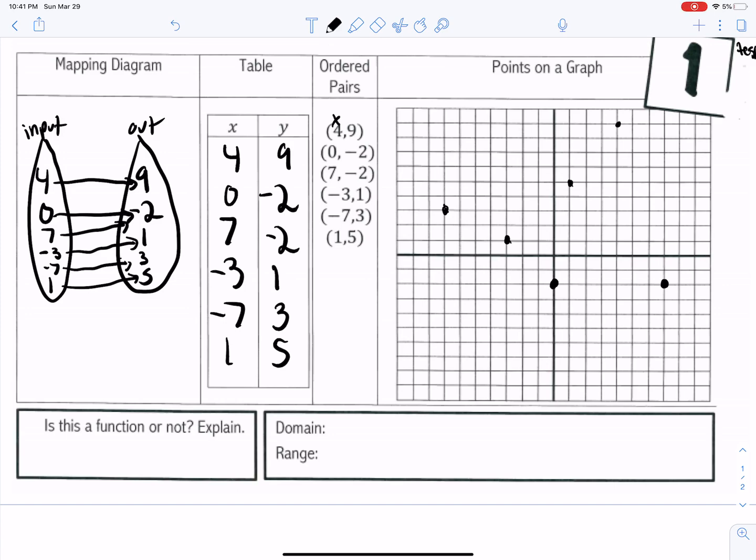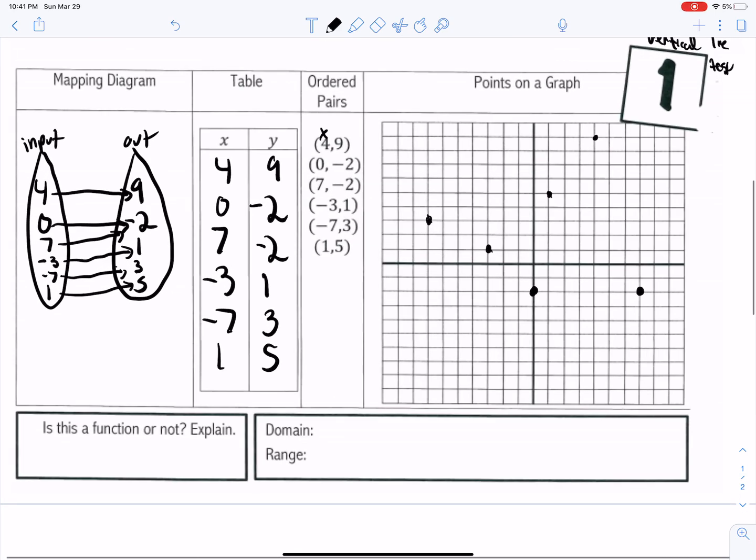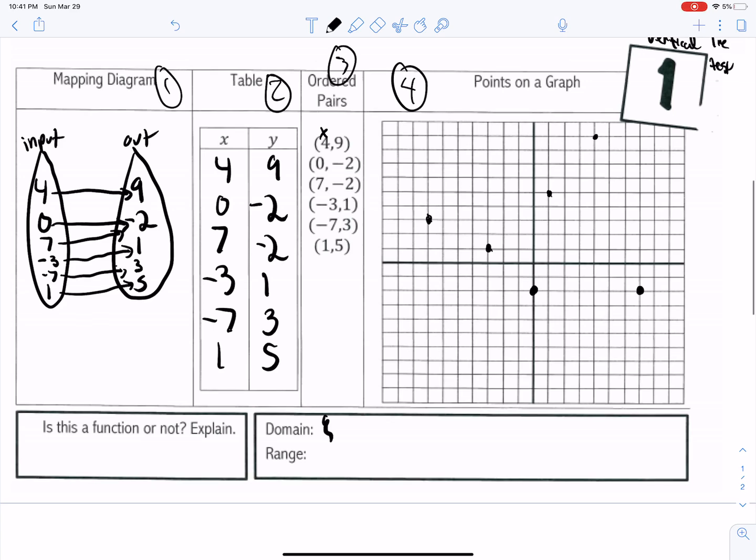All right, so that's the same function represented by a mapping diagram. That's the one way. Second way by a table. Third way by ordered pairs. Fourth way by points on a graph. And let's see, we got the domain and range question here. So the domain, all the x numbers. You could look at any of them, but I'm going to just look at the table here. We got -7. We got -3.